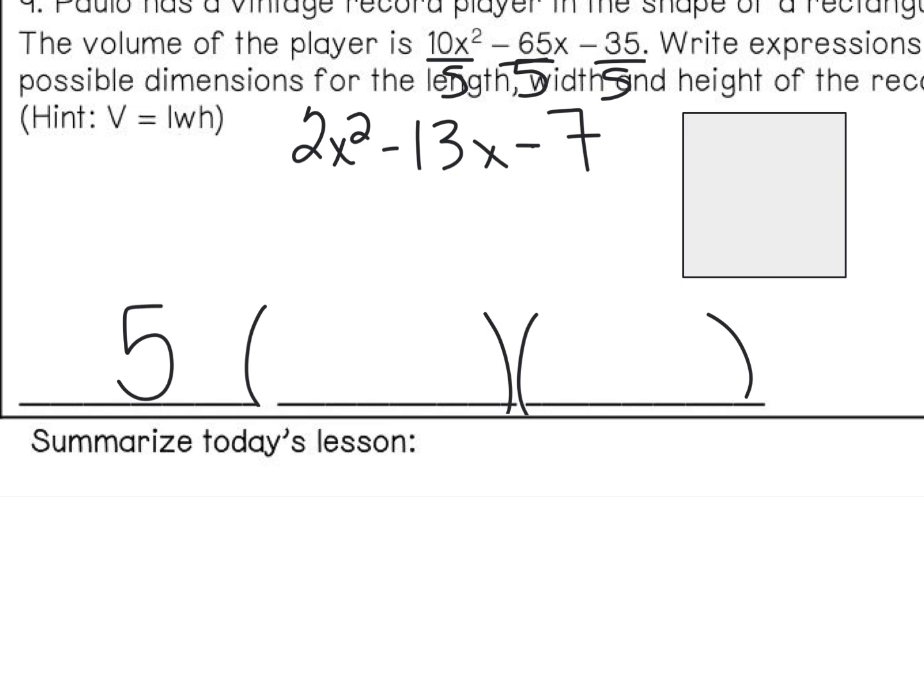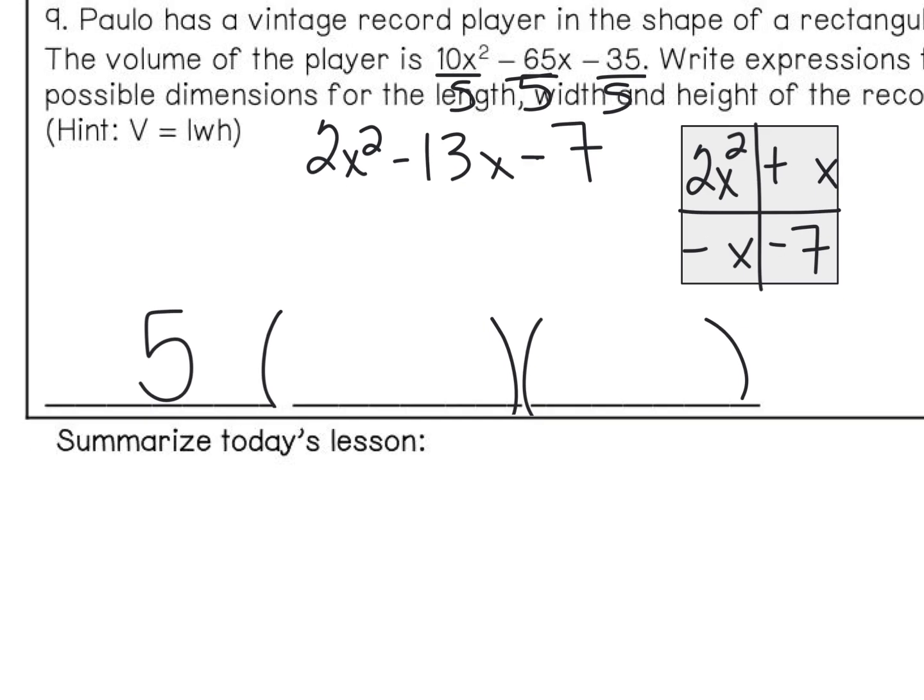Make sure you set it up. 2x squared minus 7. What does that minus 7 tell you? What kind of signs are we going to have? One positive and one negative. Okay, so we've set up our box.